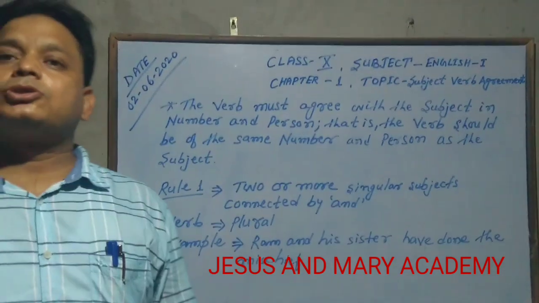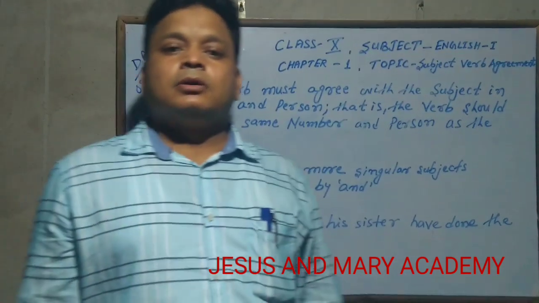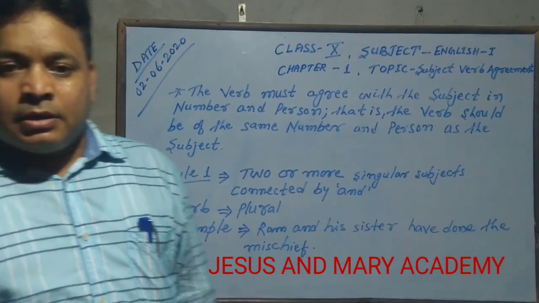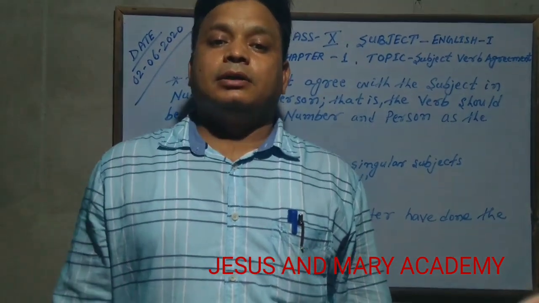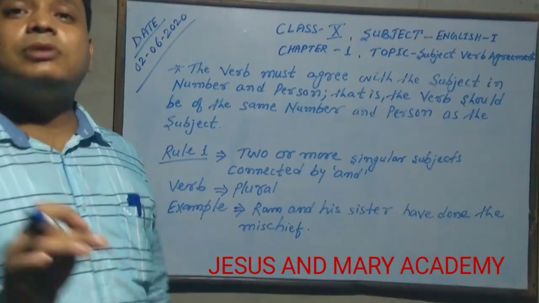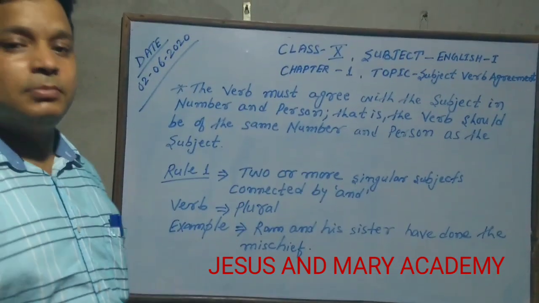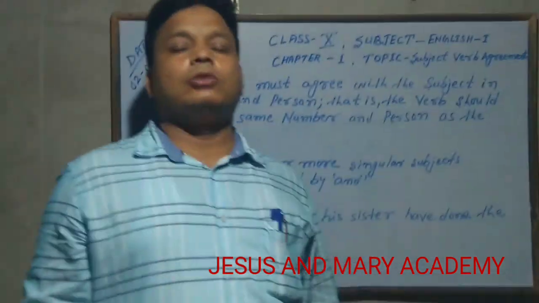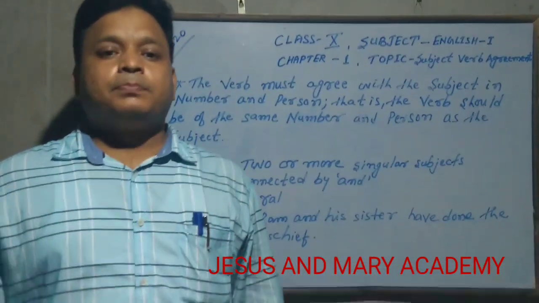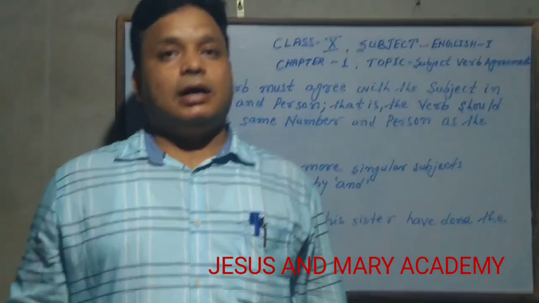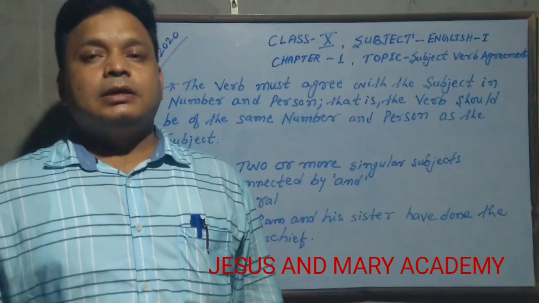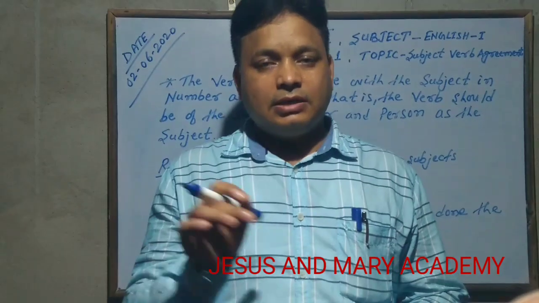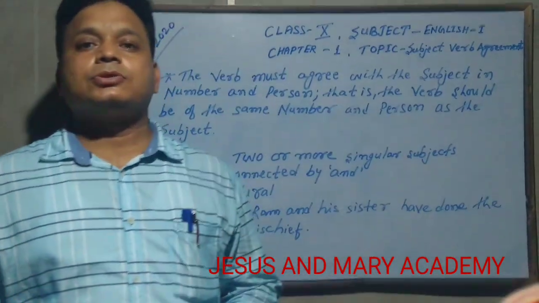Two or more singular subjects preceded by each and every, connected by "and": then we have to use a singular verb. It means where we write each and every before the subjects, we have to use a singular verb.